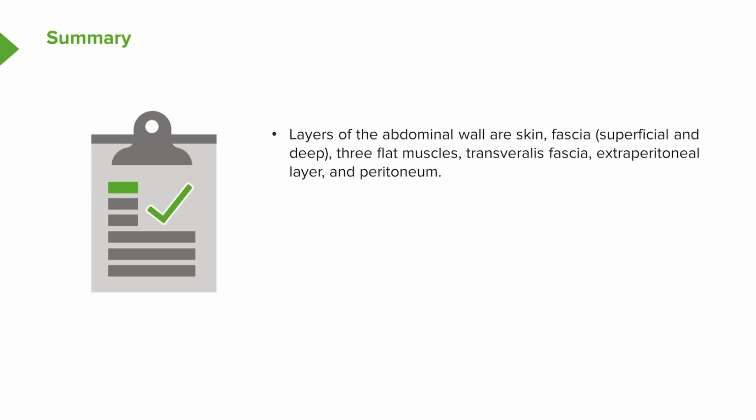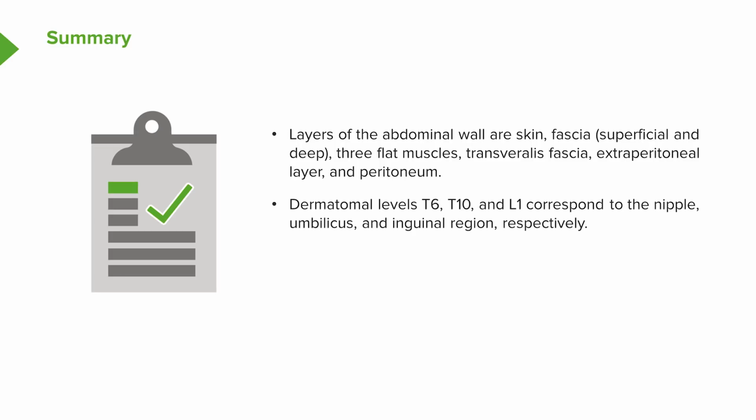Layers of the abdominal wall more laterally would be the skin, the fascia, to include Camper's fascia, Scarpa's fascia, your 3 flat muscles, external abdominal oblique, internal abdominal oblique, and then your transversus abdominis, the transversalis fascia, the extraperitoneal layer, and then lastly we would have our parietal peritoneum.